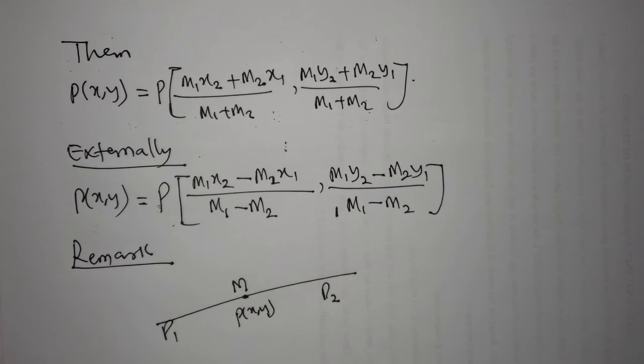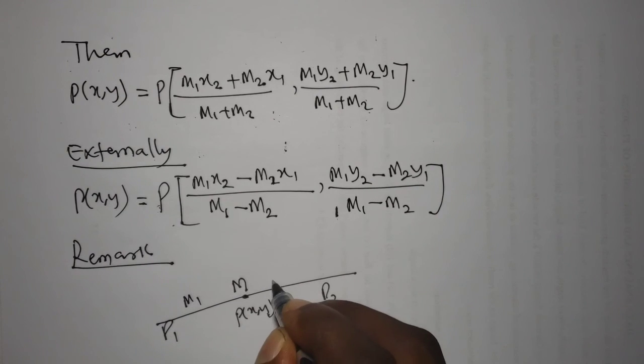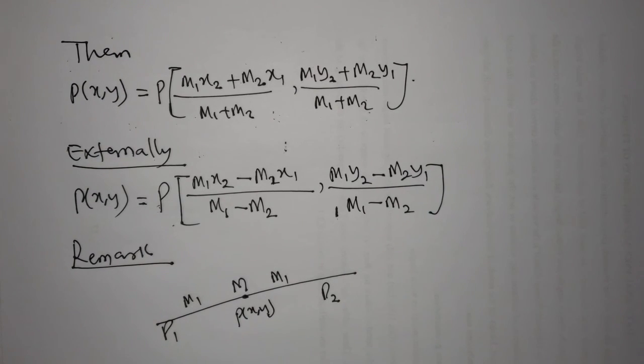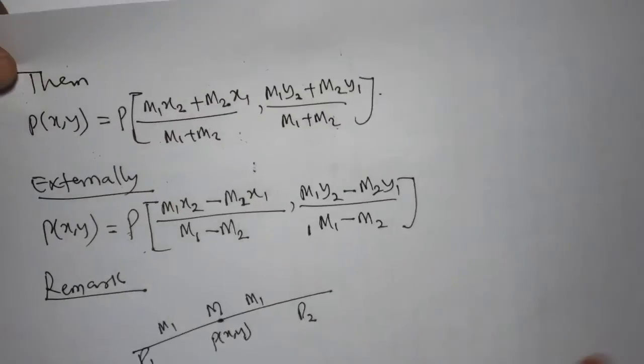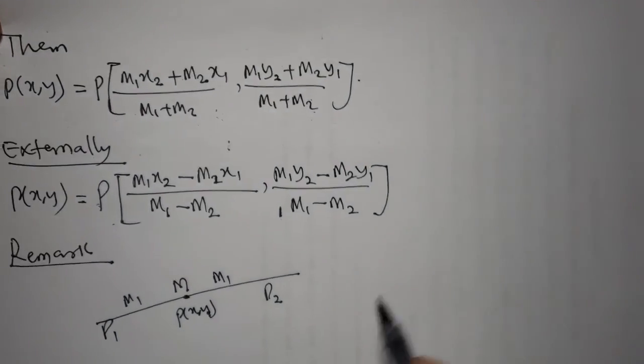But what if in addition to being an internal point, the point PXY is the middle of the line between P1 and P2? Well, in that case, the ratio of division will have to be the same, right? That means M1 will be the same as M2. Are we there?